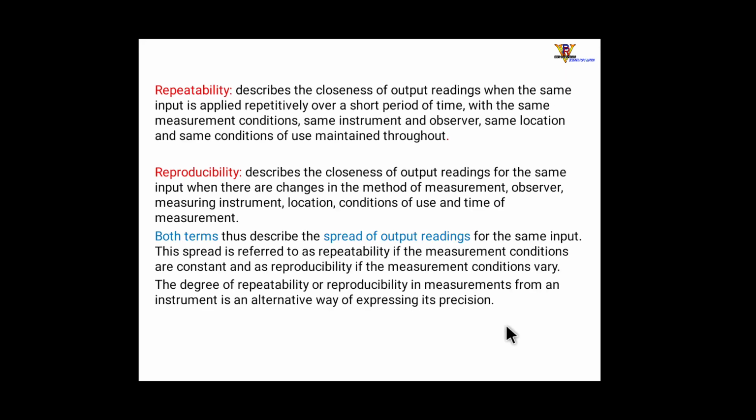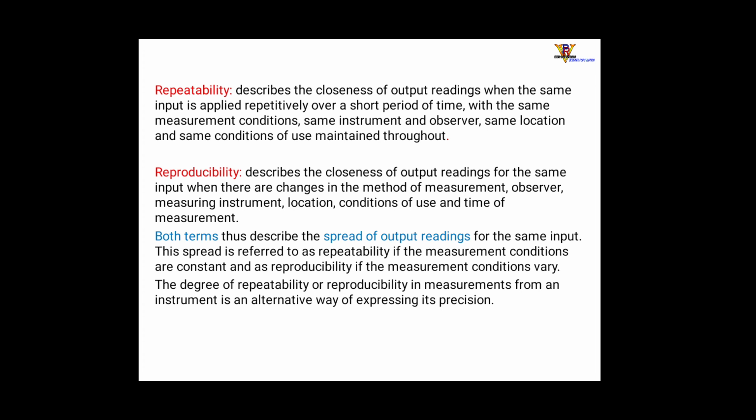The next two specifications are also very important and somewhat related to each other. First is repeatability and the next is reproducibility. What is the meaning of repeatability here? Repeatability describes the closeness of output readings when the same input is applied repetitively over a short period of time. Repeatability and reproducibility define the closeness of output readings.